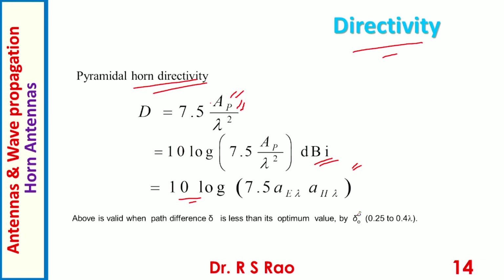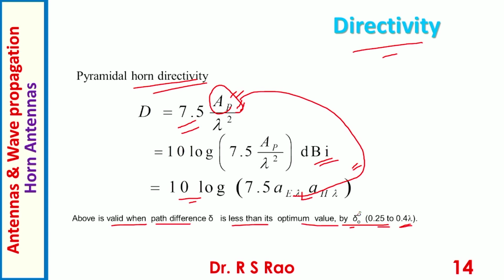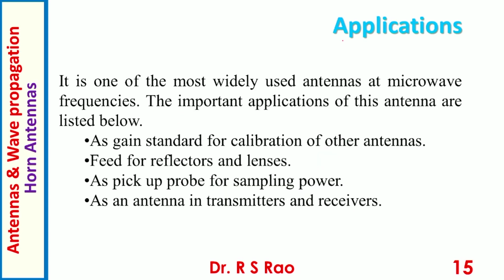Usually it is 0.6 or 0.7. Using that value, one can obtain expression for D. Physical aperture means physical area. That area can be found. Above is valid when path difference delta is less than its optimum value delta naught. It is 0.25 to 0.4 lambda.